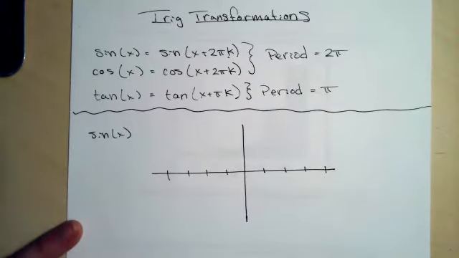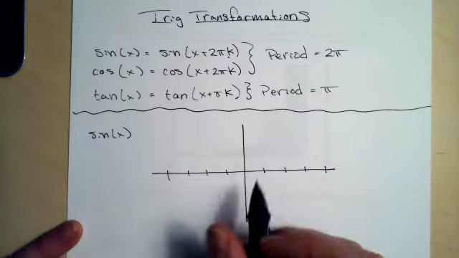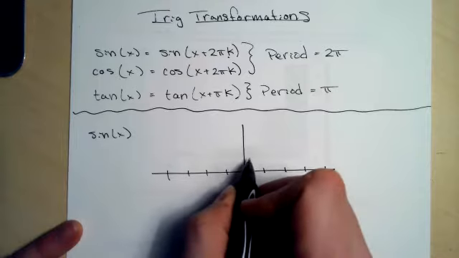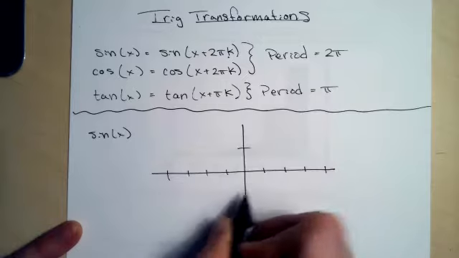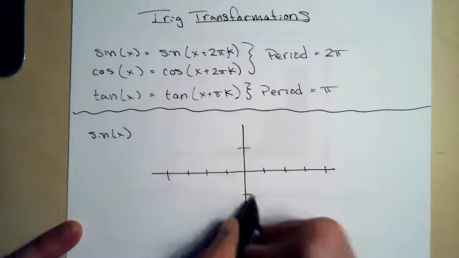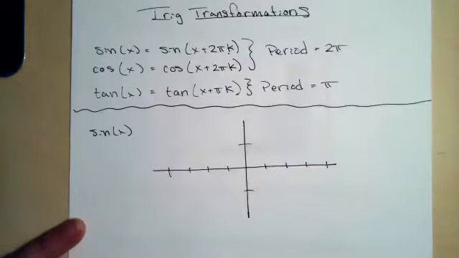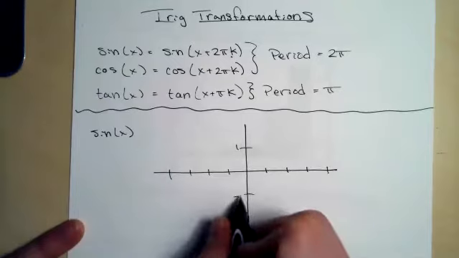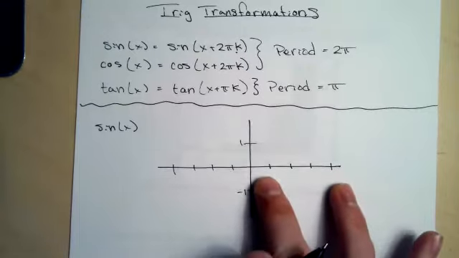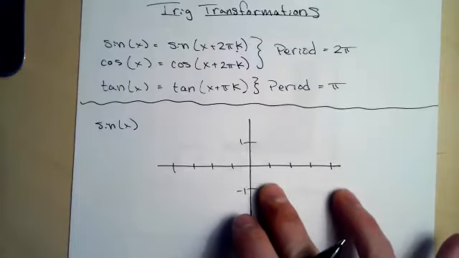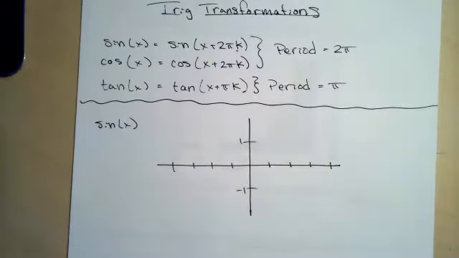And then on the vertical axis, the range of sine and cosine goes from -1 to 1, so we only need 1 tick mark above and below for our y-axis. Those are just going to be our 1 and -1. In typical graphs, if you had to graph them by hand, we like to see 2 periods. So if every 4 tick marks is a period, usually we have 1 period on the right, 1 period on the left.